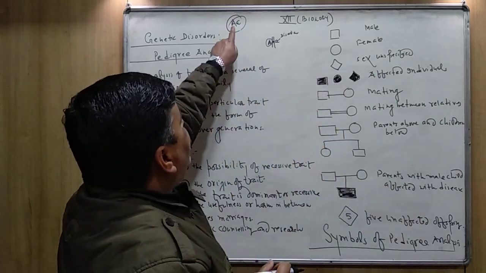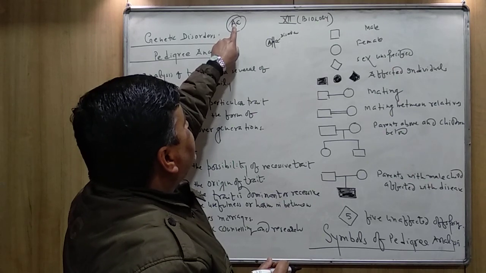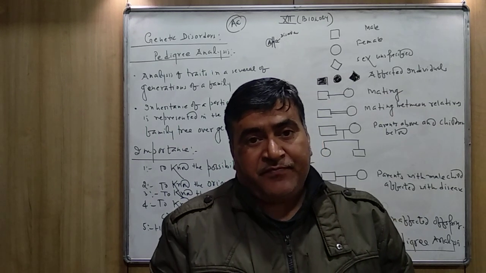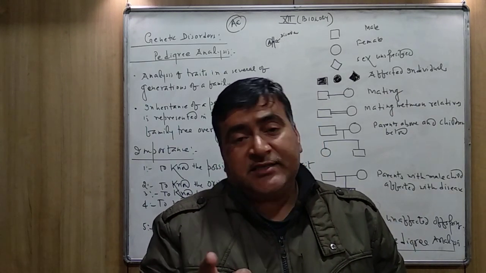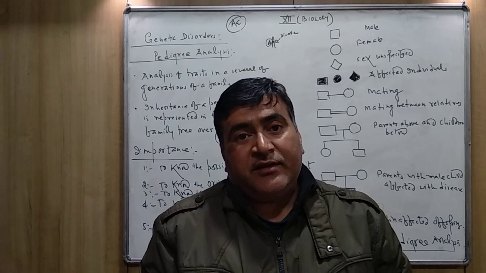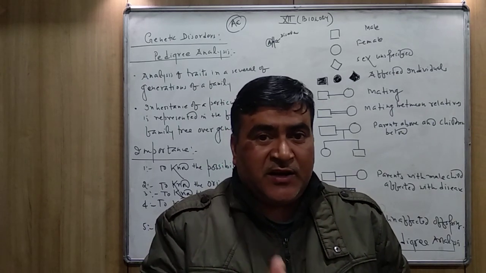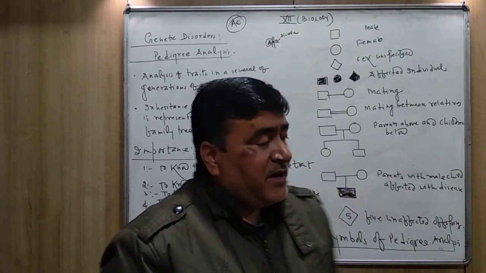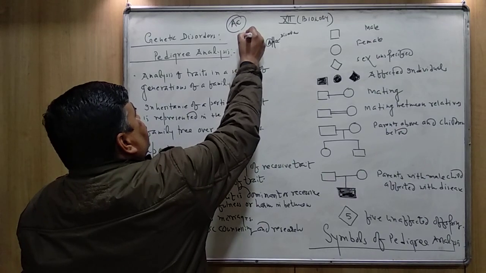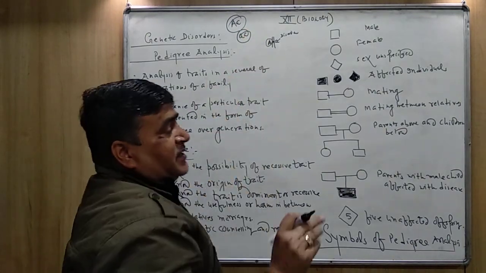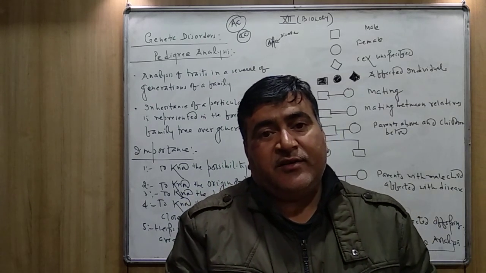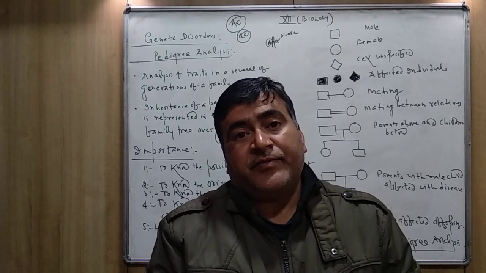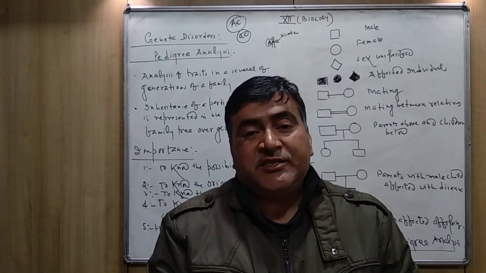This one is the dominant allele, the normal one, and this normal allele can suppress the defective recessive allele, and that's why the individual will not have any type of problem. But if such a condition comes in an individual that both become small a, small a, and both the alleles are defective, then definitely the disease will appear.